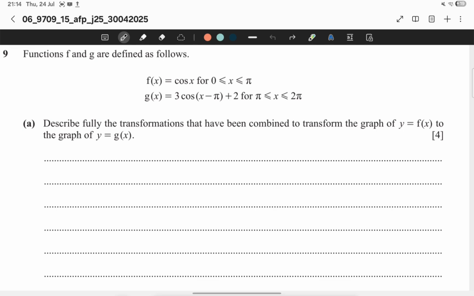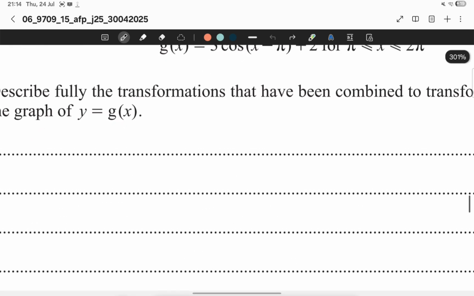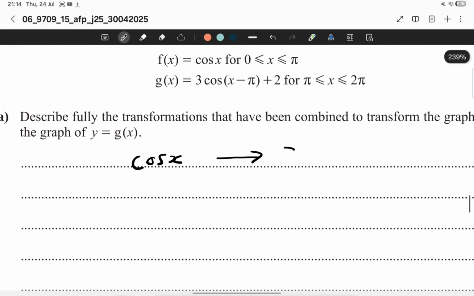Then part A says describe fully the transformations that have been combined to transform the graph of y equals f of x to the graph of y equals g of x. Right? So we're going from cos x to 3 cos(x minus pi) plus 2.